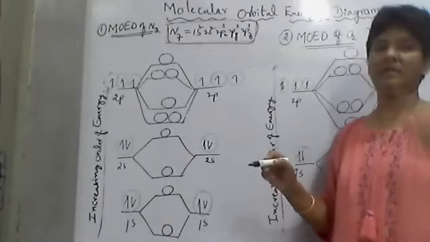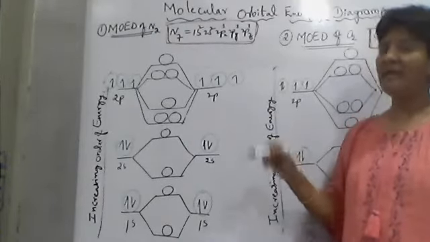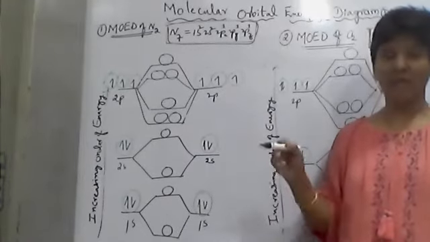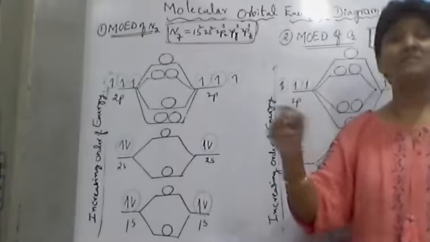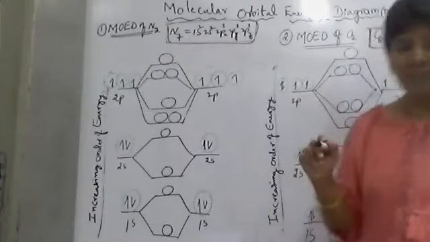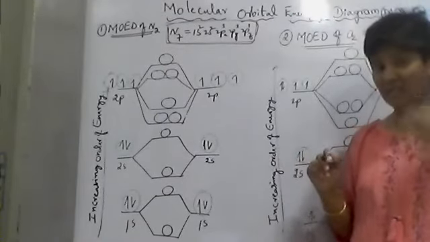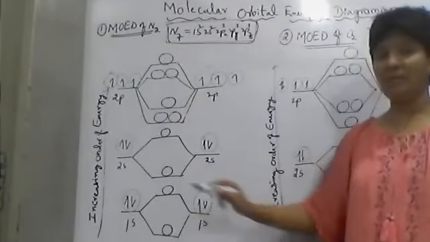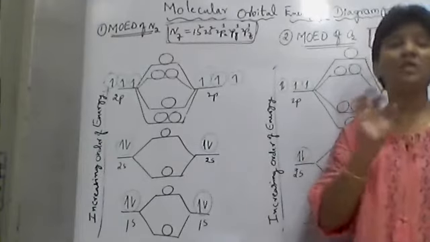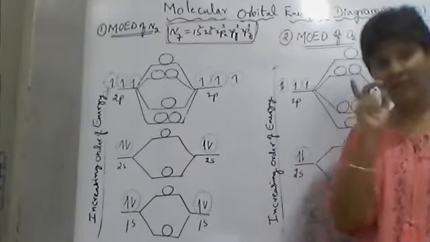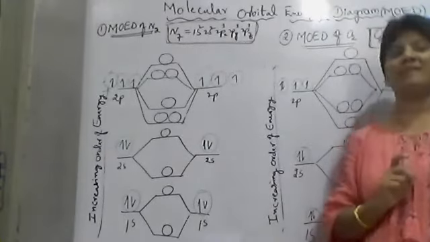Then only pairing takes place. Whenever you fill two electrons in a given orbital, they must be spin paired, according to Pauli's principle, in such a way that the two electrons of an orbital never have all four quantum numbers the same. At least they differ in their spin quantum number.